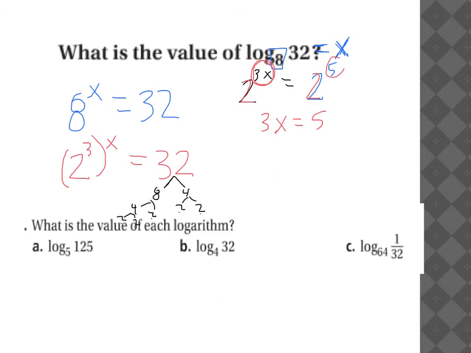So this is going to be equal to this. Your exponents will be equal if your bases are equal. So now if I solve for x, I just have to divide by 3 on each side, and x is going to be equal to 5/3. So 8 raised to the 5/3 power will be equal to 32.